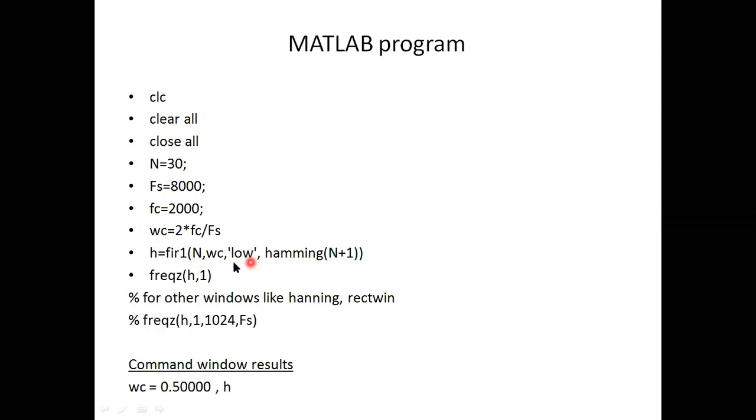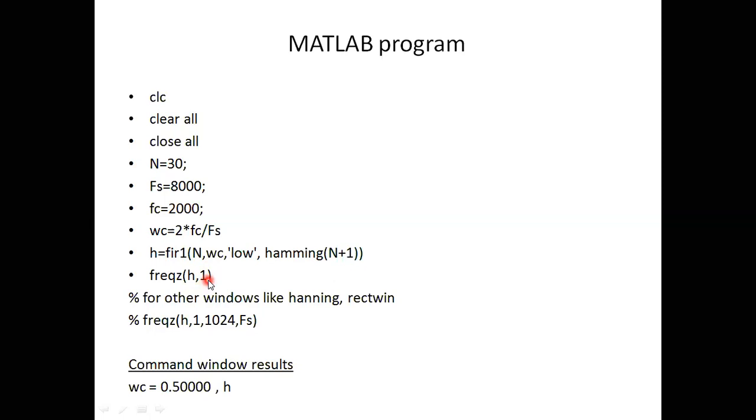Clear? So the next step is to find the frequency response. Here you have found the impulse response or coefficients, and now you are going to find the frequency response in Z transform. What you need to do here is write the coefficients. So h are the coefficients, and these are your numerator coefficients of the filter.